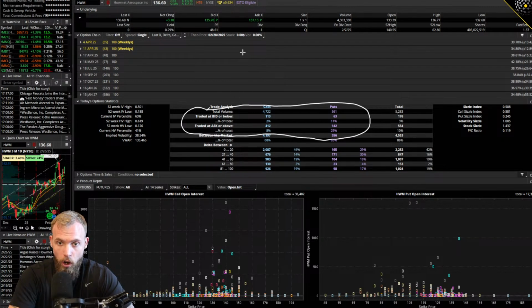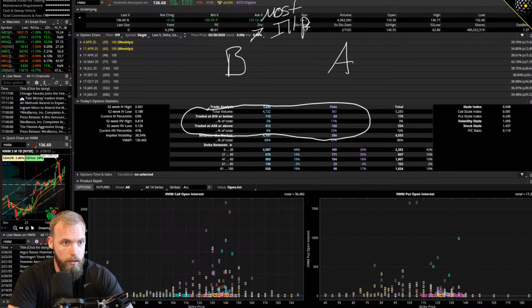So if you'll recall, all options have a bid and an ask. The bid is somebody saying, this is the most I'll pay. And then the ask is the cheapest I'll sell.